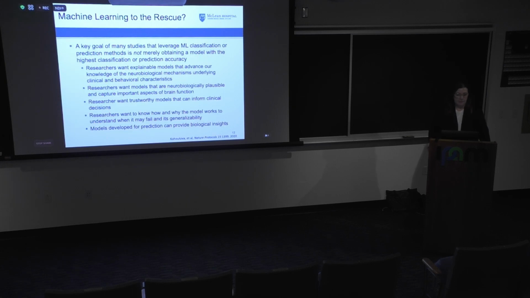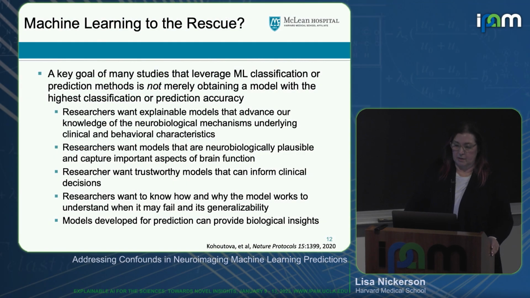A key goal of many studies that leverage machine learning classification or prediction methods is not merely obtaining a model with the highest classification or prediction accuracy. In some cases, that is definitely the goal. But mostly, at least the researchers that I work with want explainable models that advance our knowledge of the neurobiological mechanisms underlying clinical and behavioral characteristics.